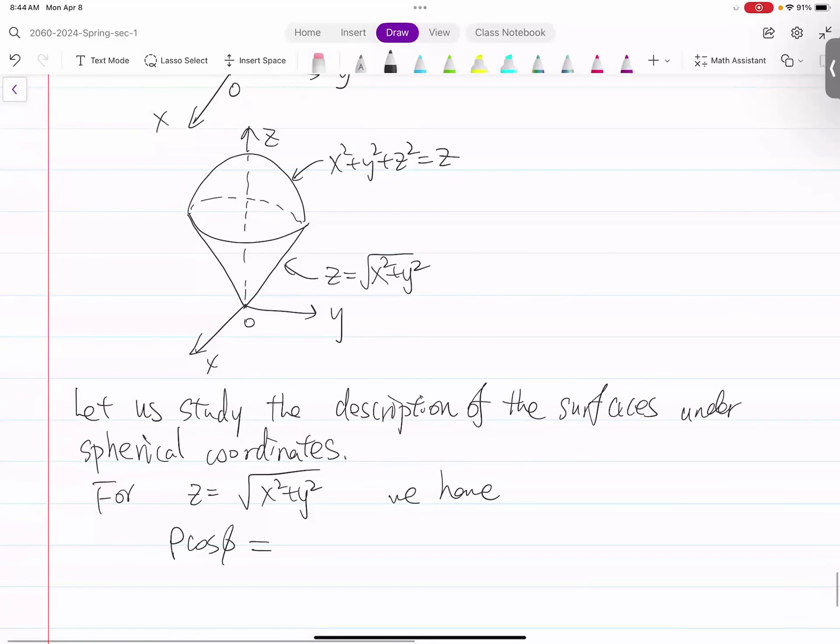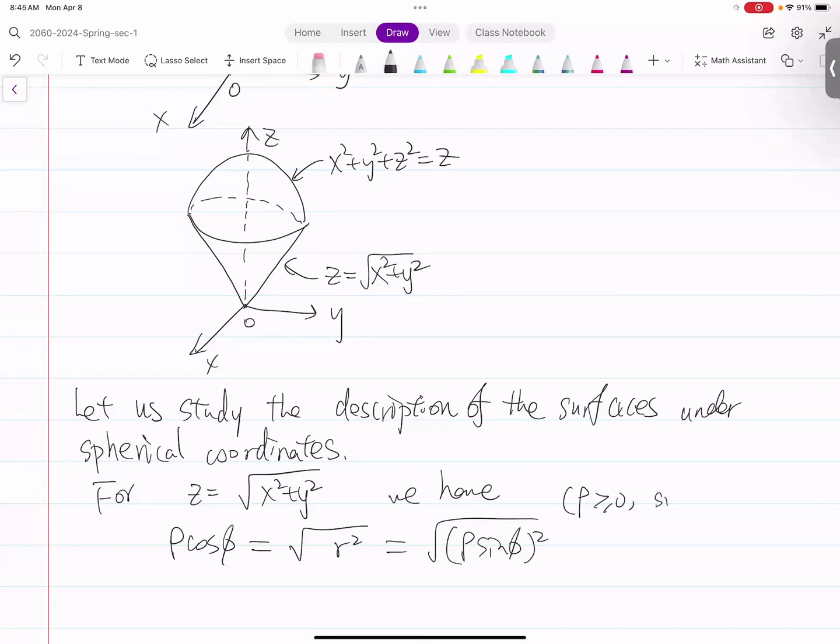And now x squared plus y squared is r squared, and r is rho sine phi. We can get rid of the square root and the square because rho is non-negative and sine phi is non-negative also, because phi is between 0 and pi.